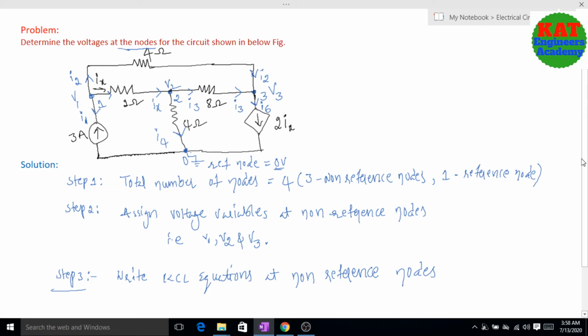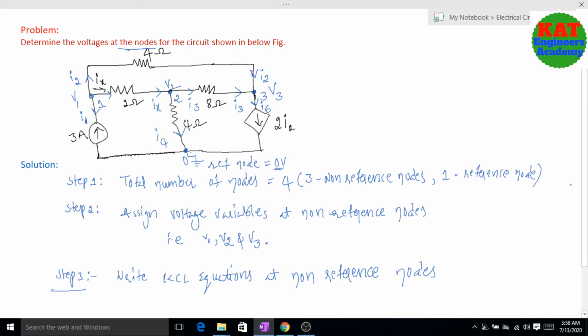Okay, next write the KCL equation at the first node. According to KCL, the sum of the currents away from the node is 0, otherwise entering current equals leaving current. Here I2 is an outgoing current, I1 is outgoing, Ix is outgoing, so 3 currents are outgoing.